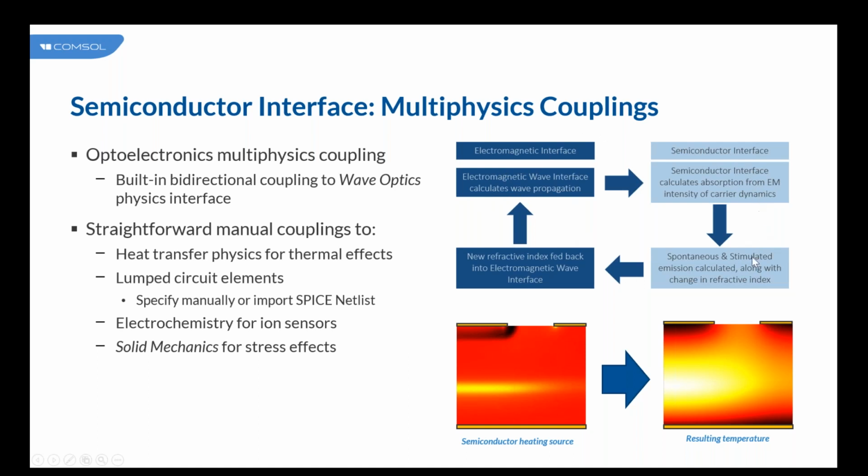So this whole process is fully coupled between the wave optics and the semiconductor. So you can use this coupling to simulate all kinds of optoelectronic devices. Similarly for the thermal effect, the semiconductor heat loss can feed to the heat source and be solved in heat transfer physics. Heat transfer physics obtains the newly updated temperature distribution in your semiconductor, and that temperature can be updated in your device.